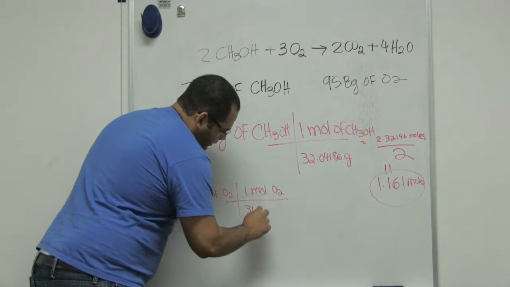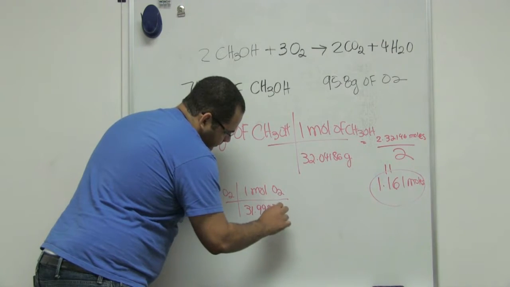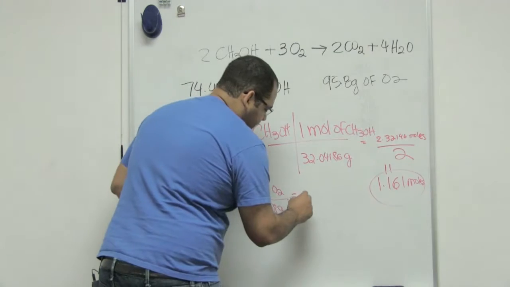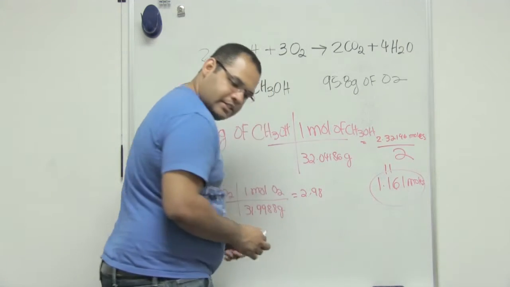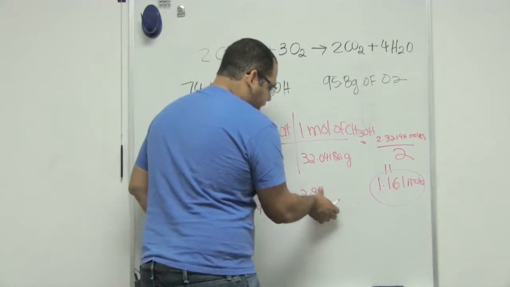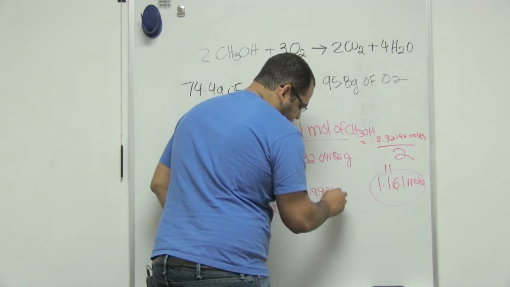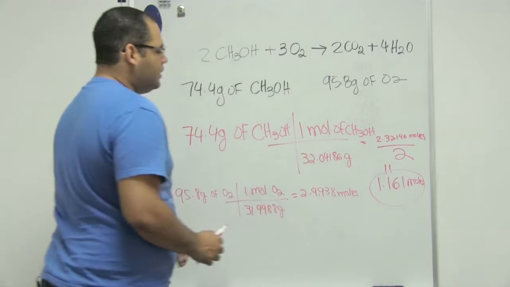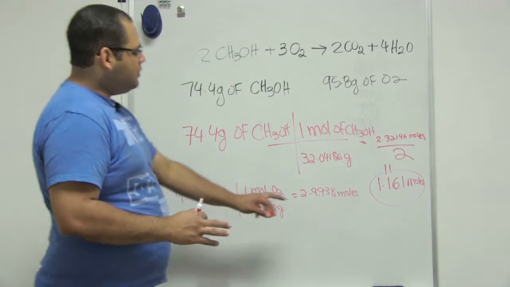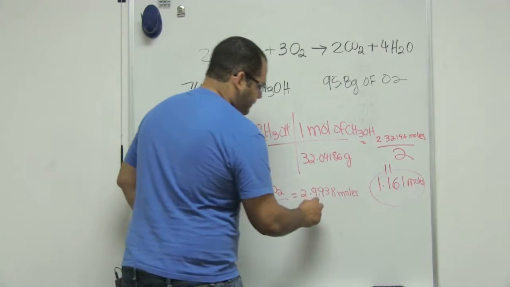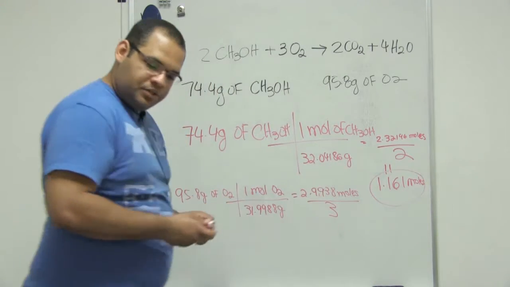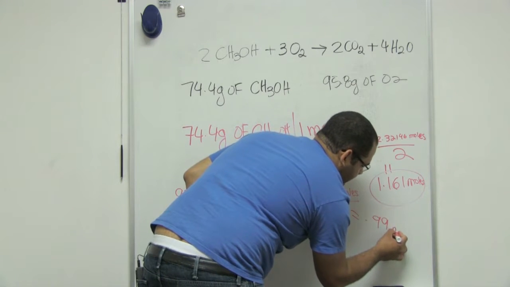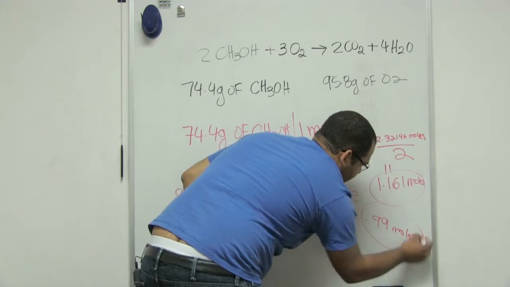It is 31.9988 grams per mole of oxygen gas, and this gives me 2.9938 moles of oxygen gas. But I'm not done yet. I still need to divide it by the coefficient, which is 3. When I do that, I find 0.99 moles of oxygen gas.